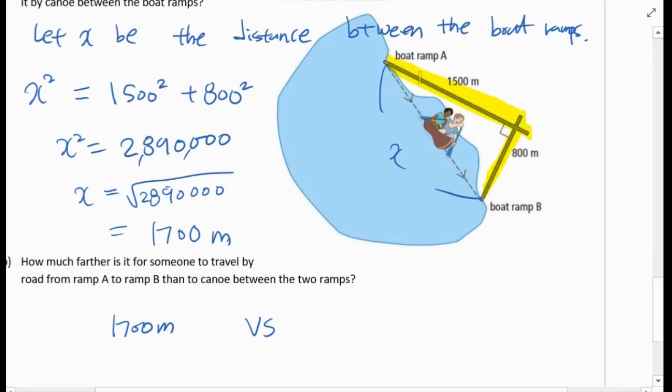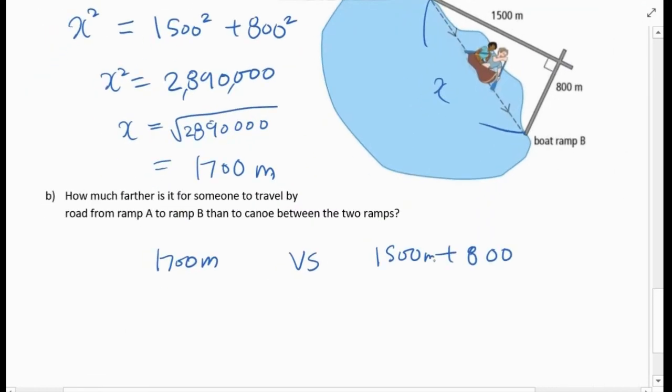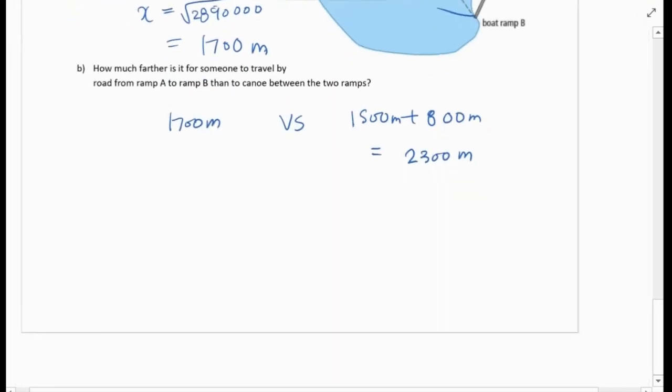So we have to add those two numbers. Okay, 1,500 plus 800, and that is, if you use your calculator, 2,300.